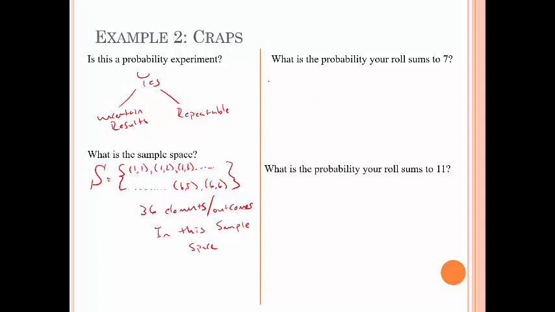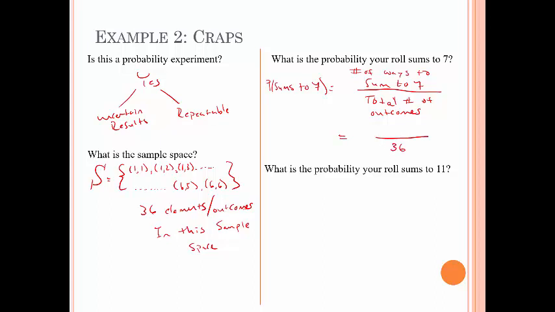So what is the probability that your roll sums to 7? Using the classical definition, it's the number of ways to sum to 7 divided by the total number of outcomes. We know the denominator; that's 36.